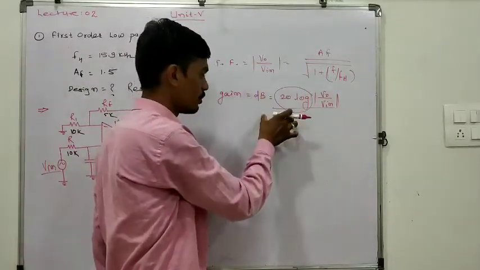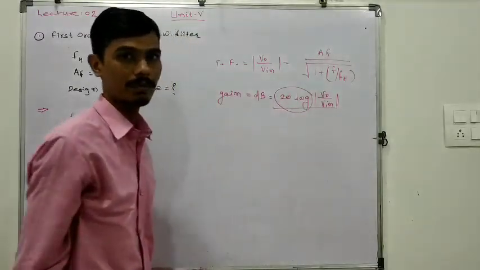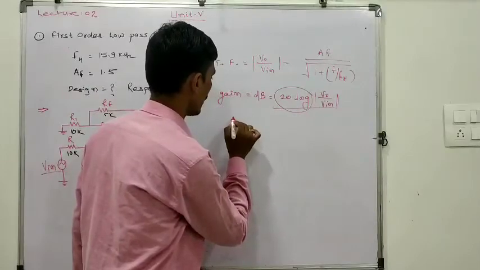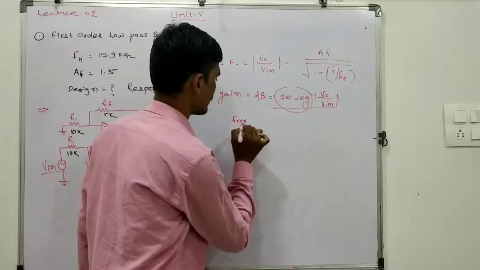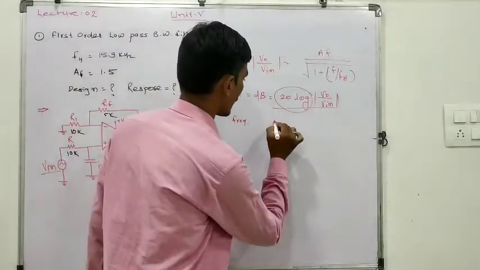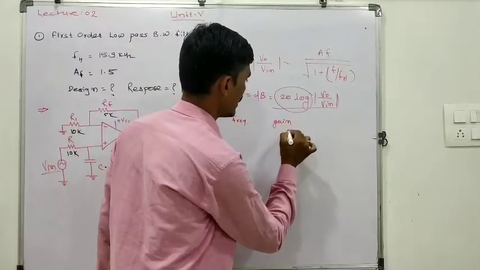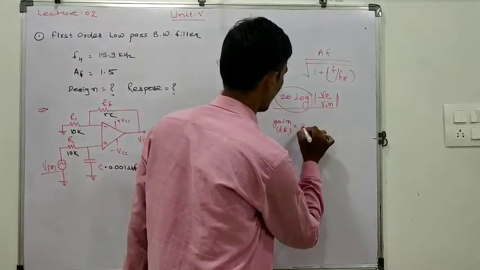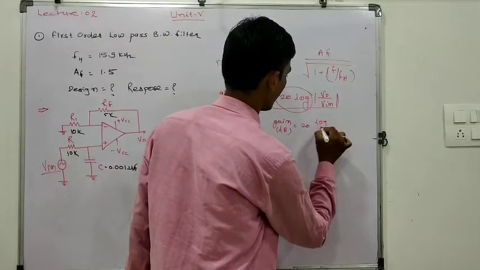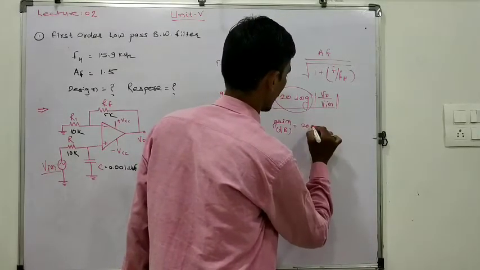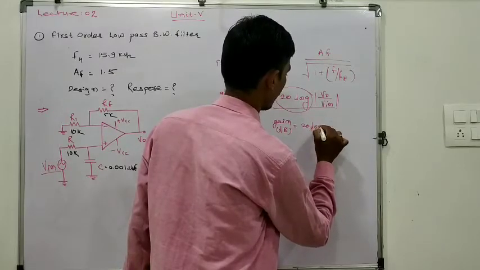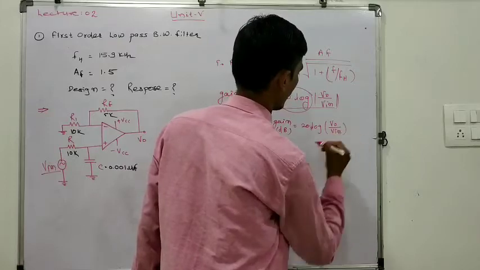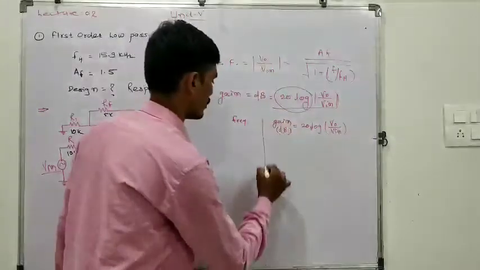So we have to plot the table. The table is like this: in the first column we write the frequency, and in the second column the gain in decibel. The value of the gain is 20 log of VO by Vin.